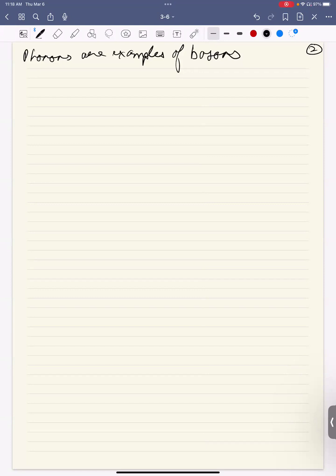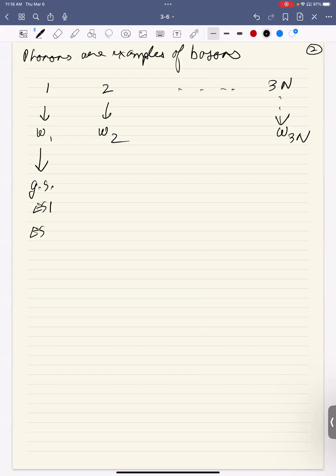So what do we have now? We have different oscillators. We have oscillator number 1, oscillator number 2, oscillator number 3n, right? So n atoms, each in 3 directions. Each oscillator has some frequency omega 1, omega 2, omega 3n, okay? And given this frequency, this particular oscillator can exist in ground state, it can exist in excited state 1, it can exist in excited state 2.